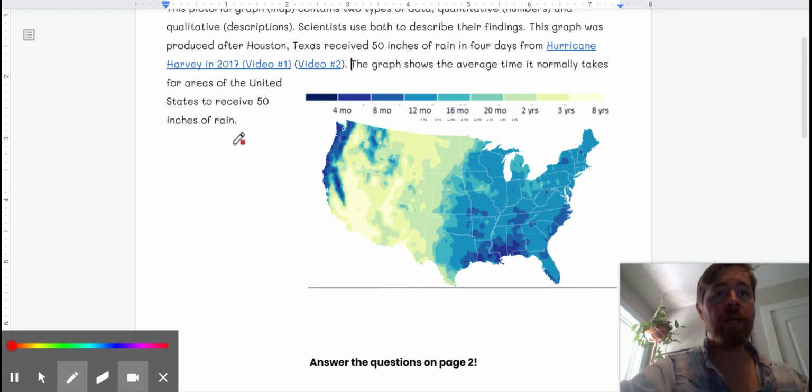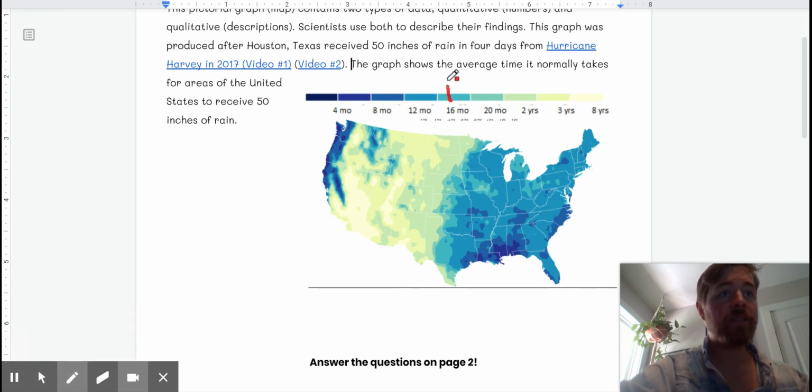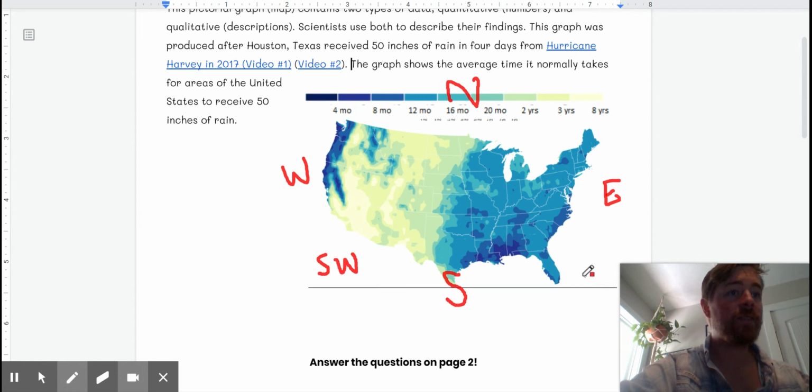Or you might use cardinal directions. So remember that towards the top of the map, that's going to be to the north. The bottom is going to be to the south. Right? To the right of our map would be east. To the left of our map would be west. Okay. And you could break it up further. This would be southwest towards the bottom left. Southeast towards Florida down there in the bottom right of our page.